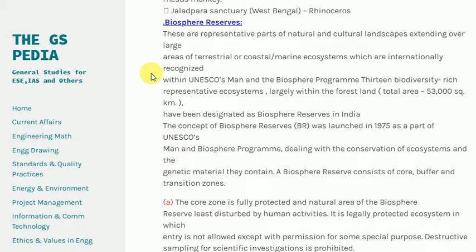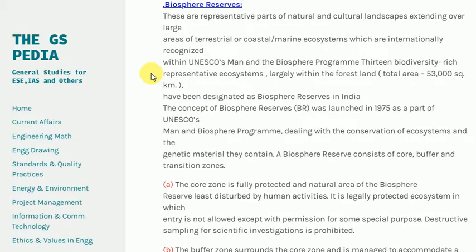The concept of biosphere reserves (BR) was launched in 1975 as a part of UNESCO's Man and Biosphere Program, dealing with the conservation of ecosystems and the genetic material they contain.